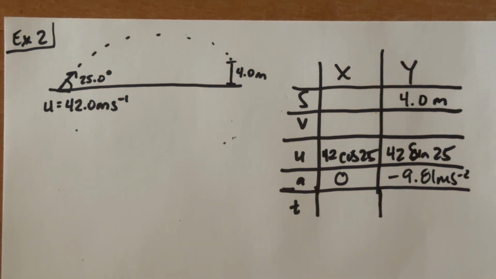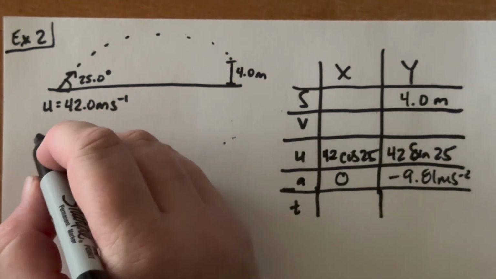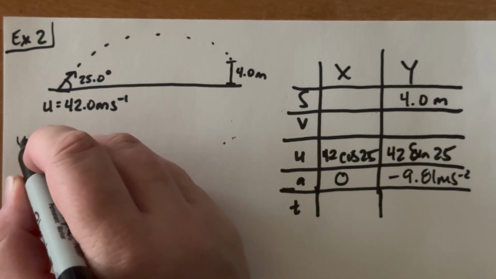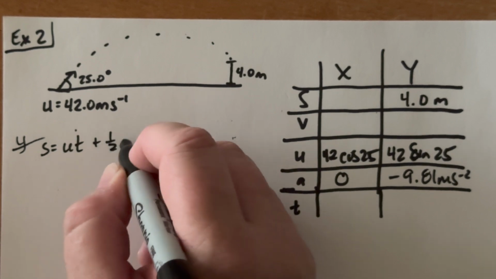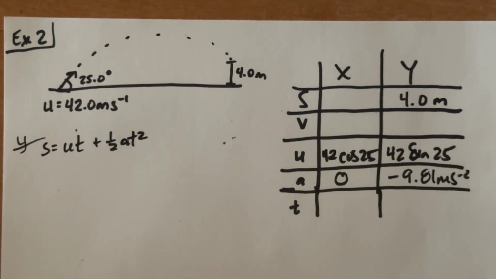We still have enough information in the y direction to solve for time, but this time we have s, u, and a. None of them are 0, so it makes it a little bit more complicated. So we'll set it up in the y direction. s equals ut plus 1/2 at squared. And when we put our numbers in there, it looks like this.